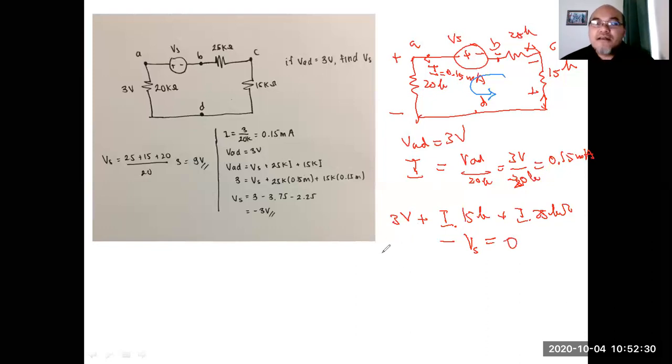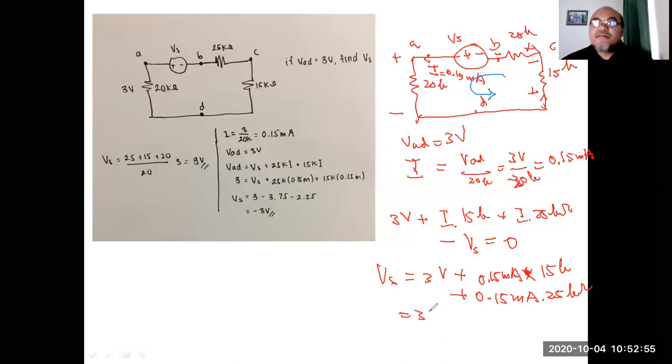From here we can move the Vs to the right side of the equation. So Vs equals 3 volt, plus the current 0.15 milliampere multiplied by 15K, plus 0.15 milliampere multiplied by 25 kilo ohm.